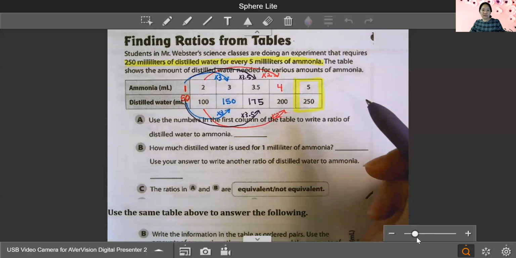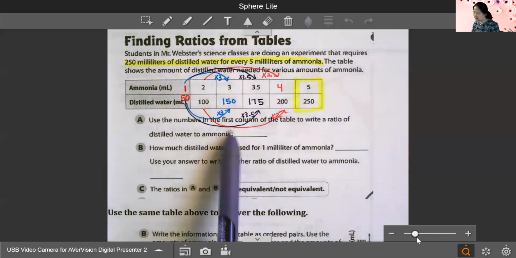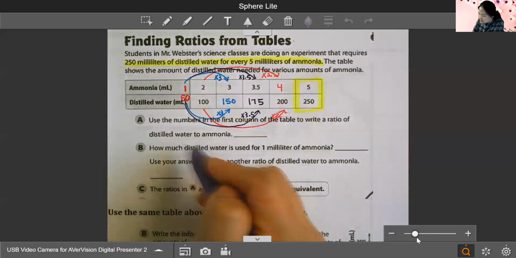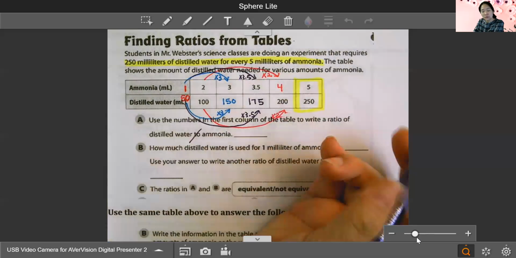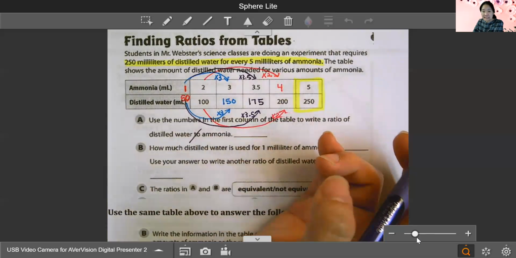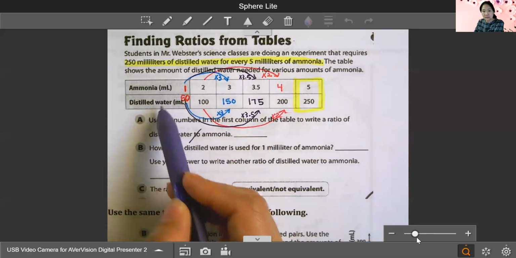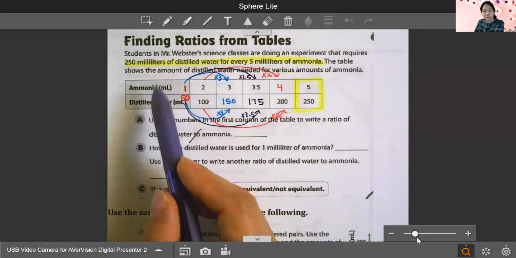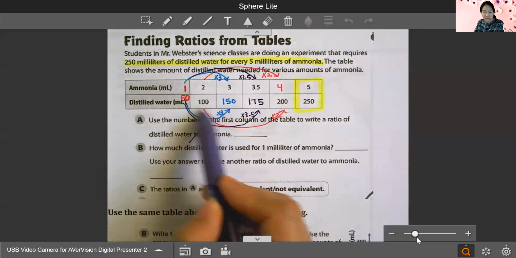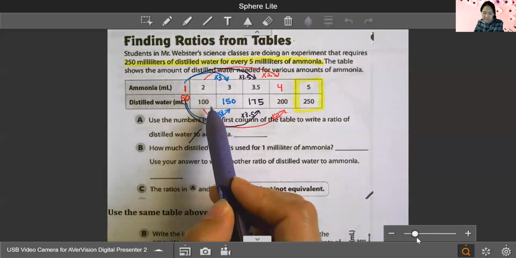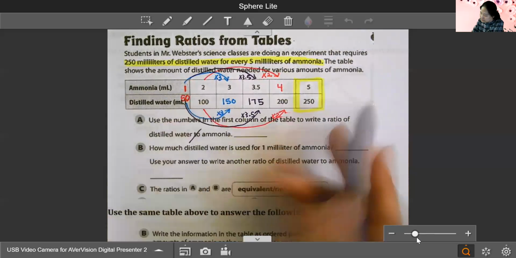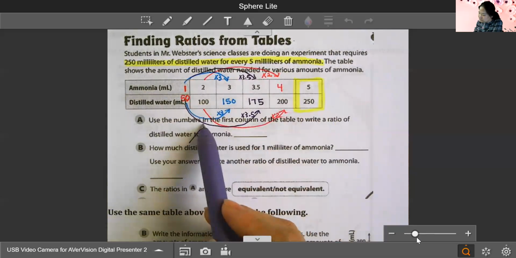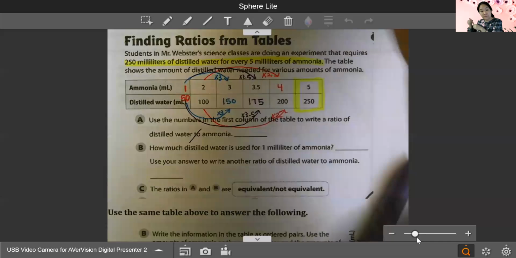So use the number in the first column of the table to write a ratio of distilled water to ammonia. Now, order is important. It's not ammonia to distilled water, it's distilled water to ammonia. So this number needs to be first, okay? So it says use the number in the first column. Where is the first column?